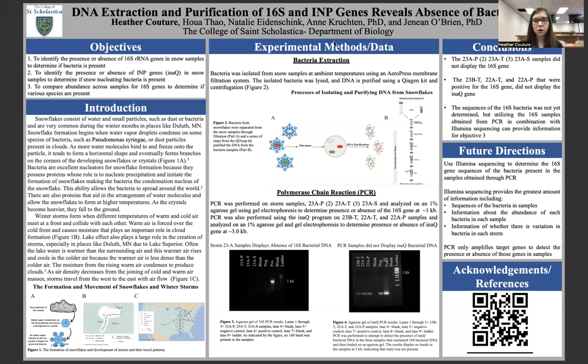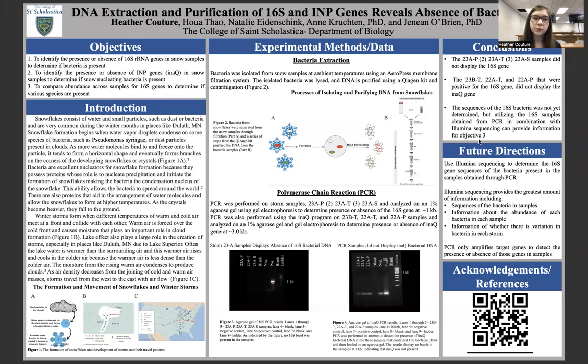So our conclusions were the 23AP, 23AT, and 23AS samples did not display the 16S gene. And when we moved on to the 23BT, 22AT, and 22AP samples, they were known to possess 16S gene, but they did not display a presence of the INAQ gene.